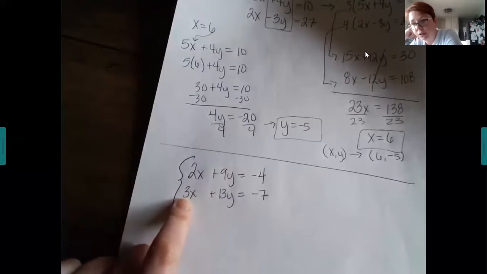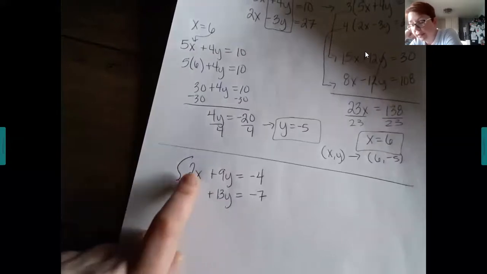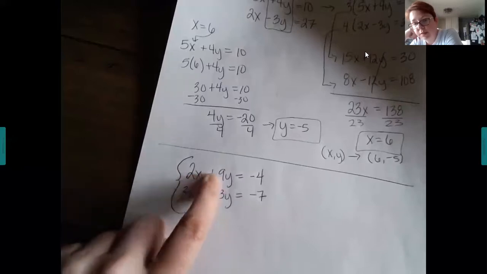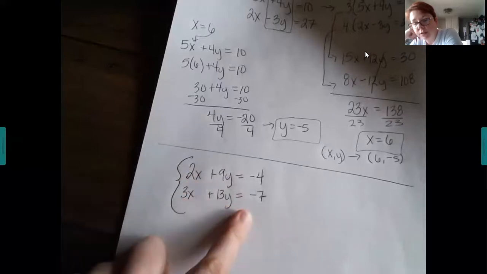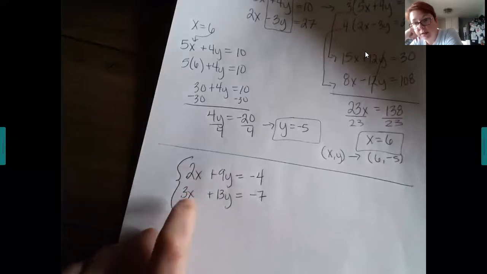I know I can make a 2 and a 3 into a 6, right? So that's what I'm going to do. I'm going to change this, multiply this equation by a value to make this a 6x, and then this equation by a value, and to avoid subtraction issues, I'm going to make this into a -6.